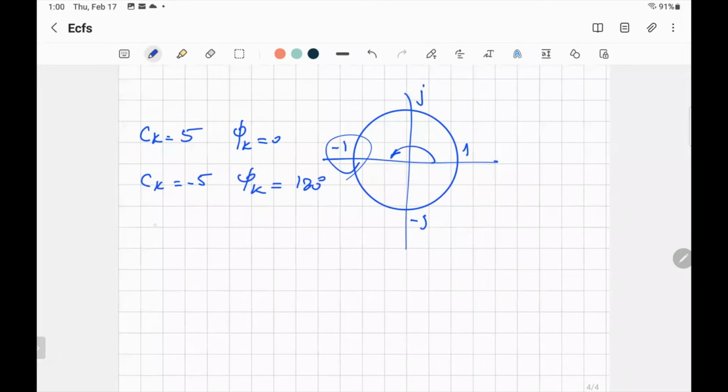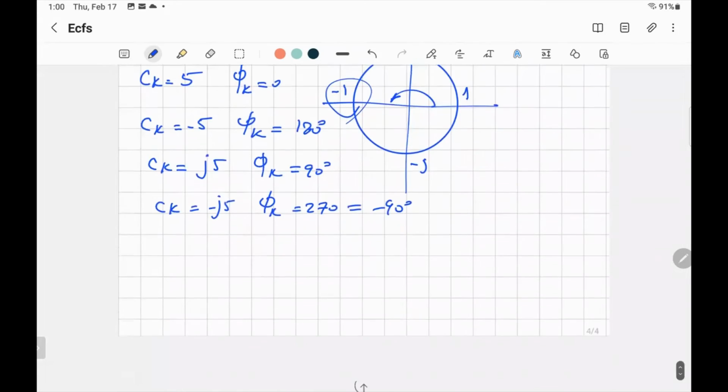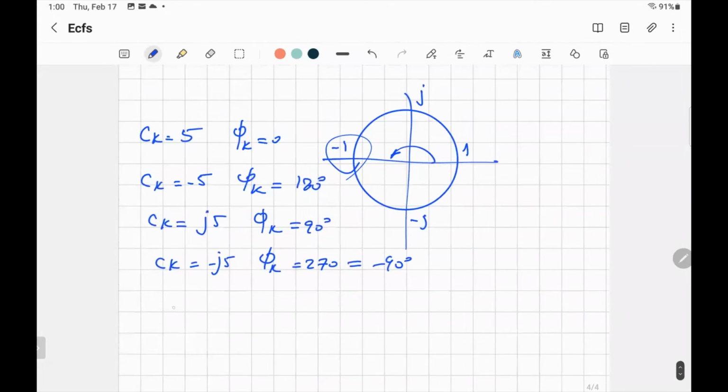If you have CK equal to j5, what is the angle? 90. If you have CK equal to minus j5, 270, or negative 90. All right. What about if CK is equal to 5 plus j5?